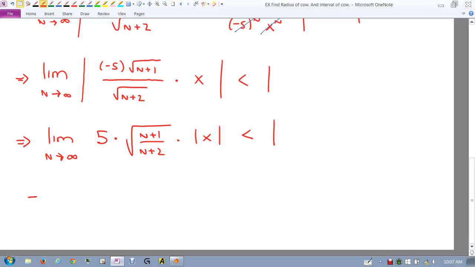Which implies that we want 5 times the absolute value of x to be less than 1. No more limit, right? And now this is what I started power series with. We need to understand how to work with this. Let's divide both sides by 5. Absolute value of x less than 1/5.